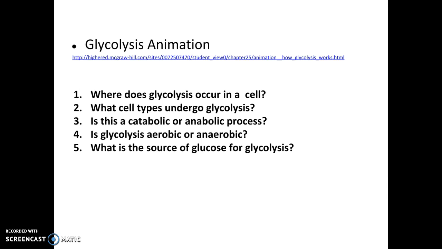The requirement for oxygen for your body cells is that oxygen is the final electron acceptor of the electron transport chain, which is in the mitochondria. So that's further downstream than glycolysis. So glycolysis is an anaerobic process.